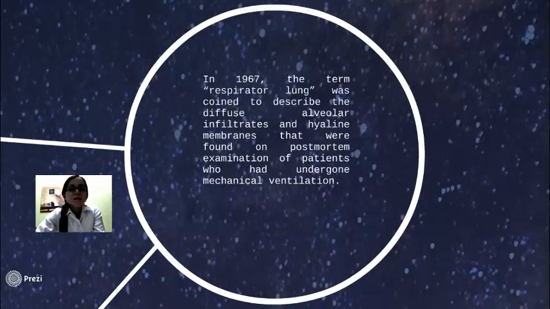In 1967, the term respirator lung was coined to describe the diffuse alveolar infiltrates and hyaline membranes that were found on post-mortem examination of patients who had undergone mechanical ventilation.